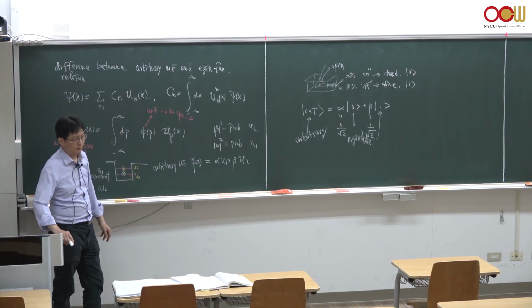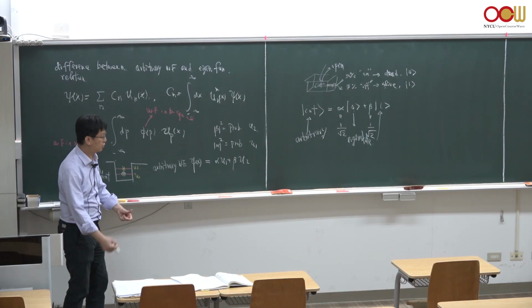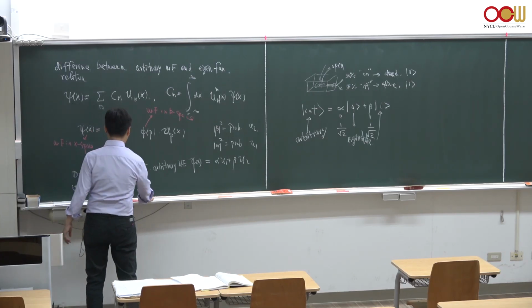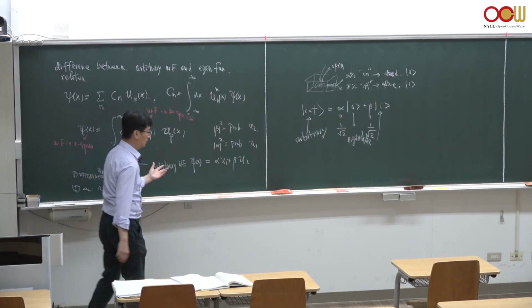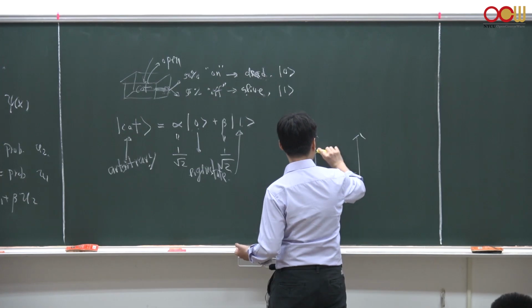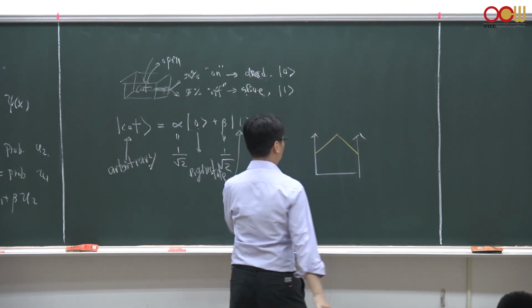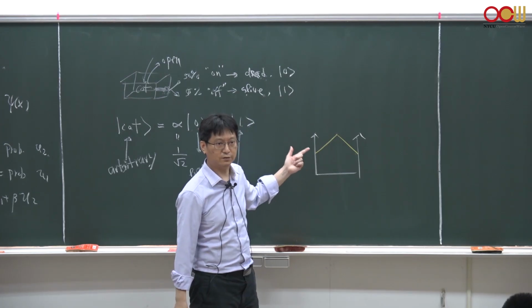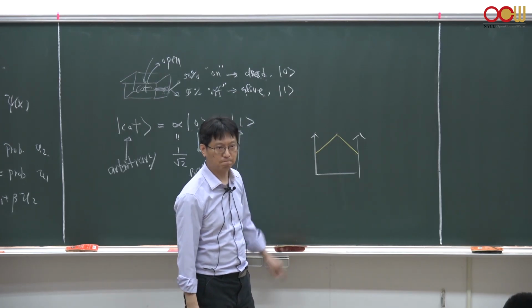Experimentally, we can design such arbitrary states. So this will be your homework problem, right? You could define the initial state to be, say, a triangle shape. This is one example of the arbitrary states that you can imagine.